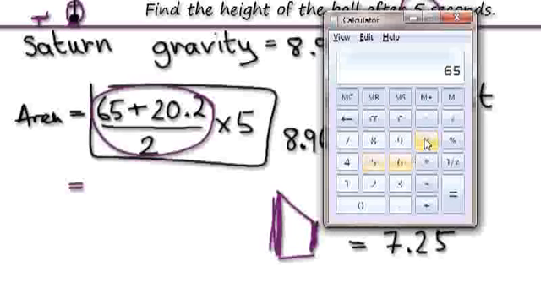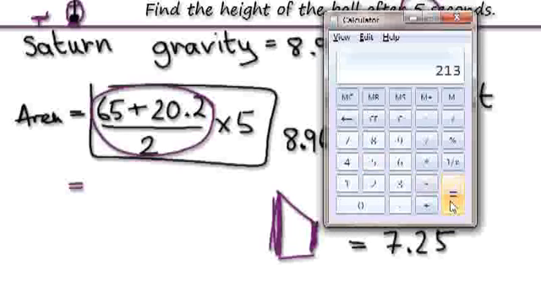So 65 plus 20.2 equals this. Divided by 2 equals this, and then we times it by 5.